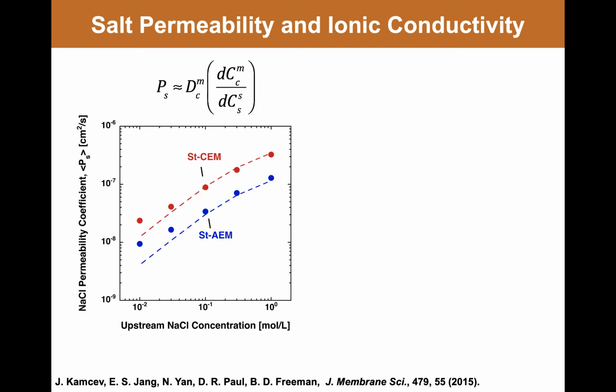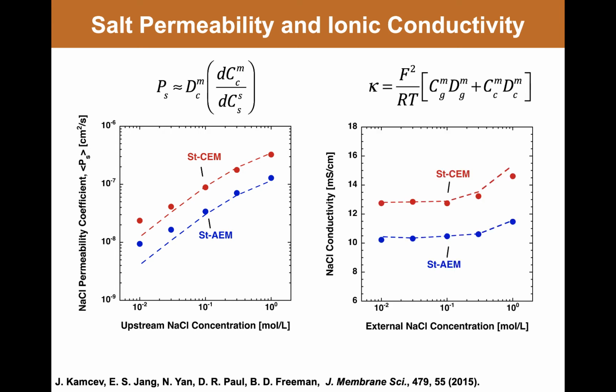So if we measure the water uptake and we know the polymer chemistry, we can actually predict salt permeability coefficients to rather good approximation everywhere except at the lowest concentrations, and this may reflect some breakdown in the Manning model at very low concentrations where neighboring polymer chains are not electrostatically screened from each other.